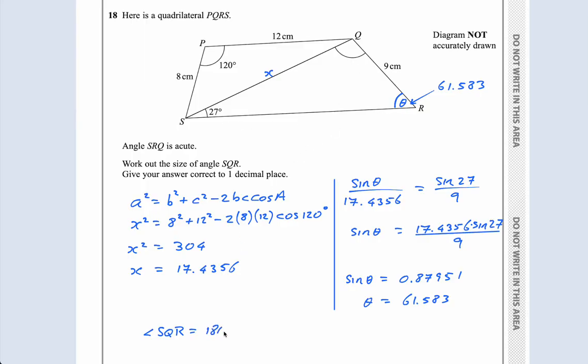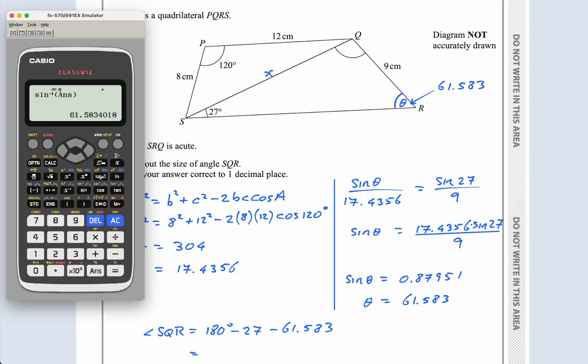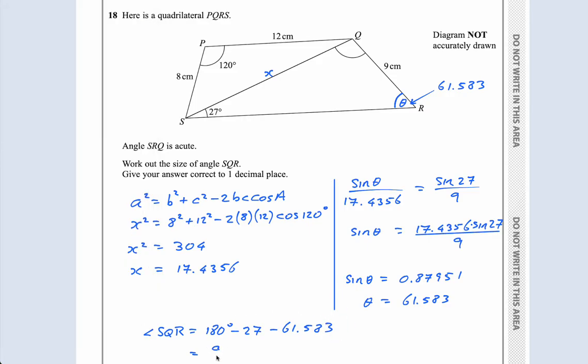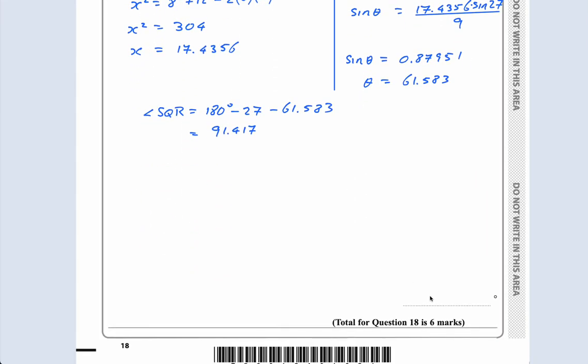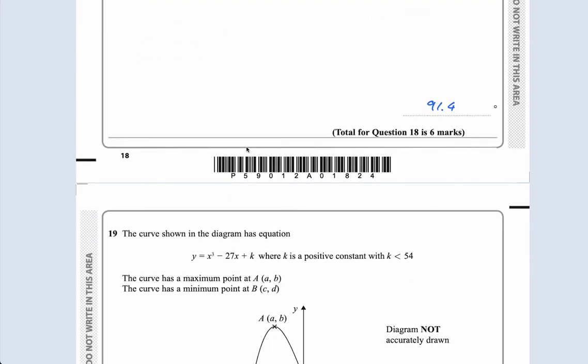So it's 180 minus 27 minus 61.583, which gives me 91.417. One decimal place, 91.4. Always, always, always, guys, round to whatever it asks.